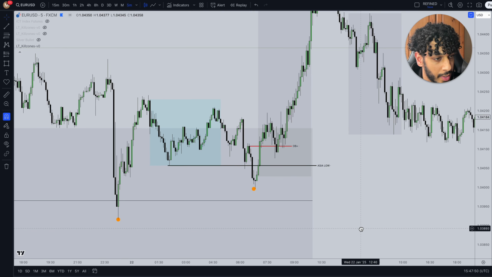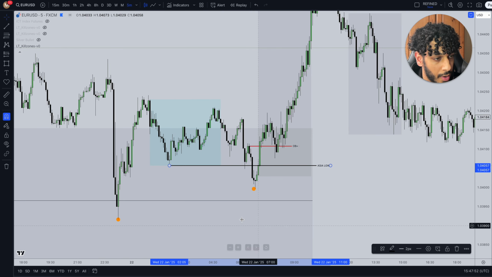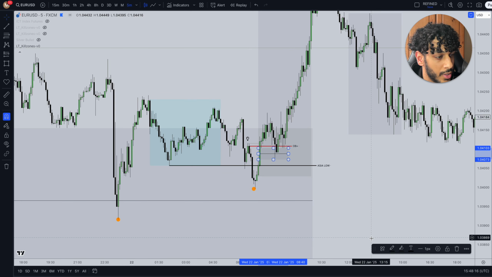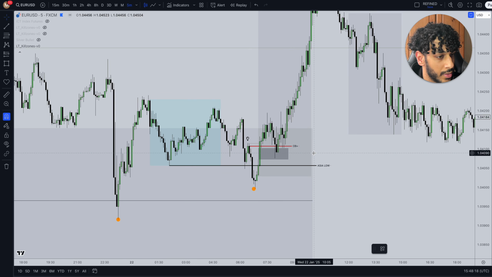On the 5-minute, I really like to see a strong closure above a swing high, which is just a market structure shift, mentioned a ton of times in the 2022 mentorship. When we get this displacement above a swing high, for me at least, it's my favorite entry confirmation. It just gives me so much confidence behind the trade.